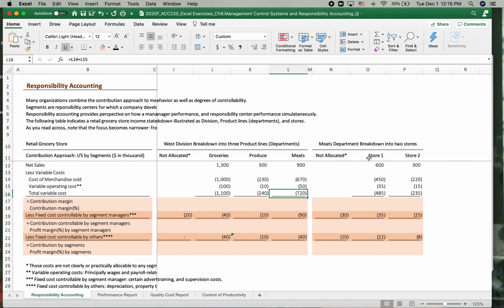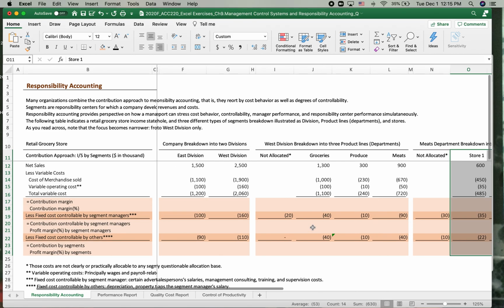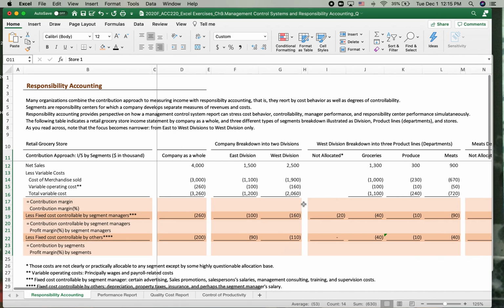So we will identify which stores have more problems or which store did a really good job, and then we can give some incentive to one of the stores or one of these product lines or one of these divisions. Okay. As you can see, the contribution margin, or contribution controllable by segment managers, and contribution by segment.